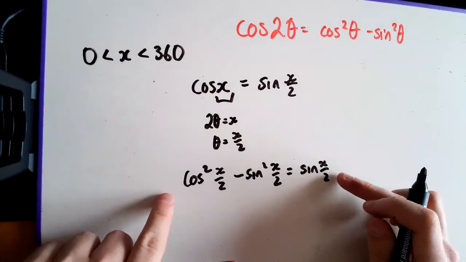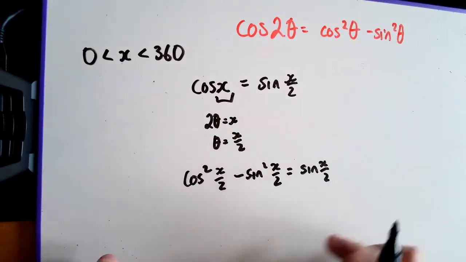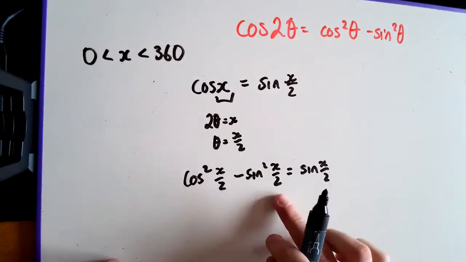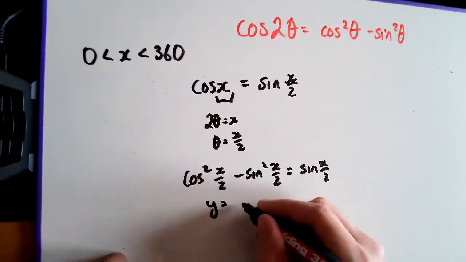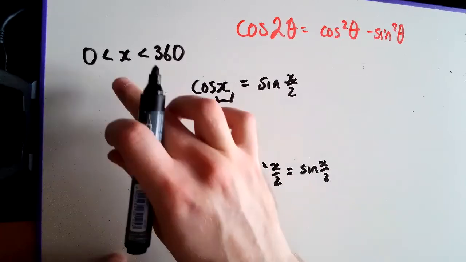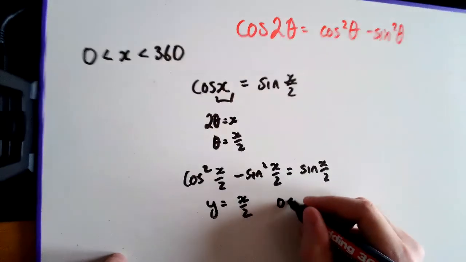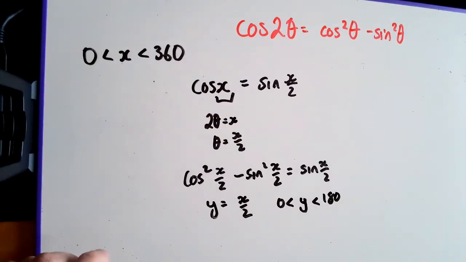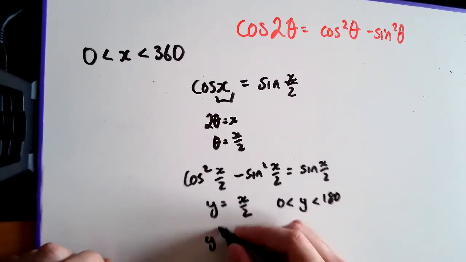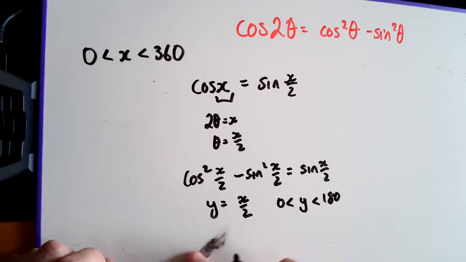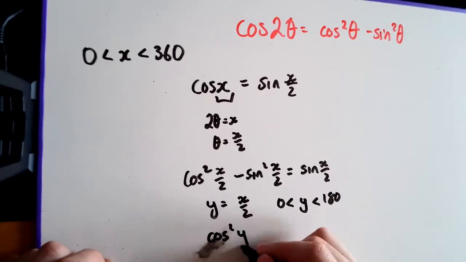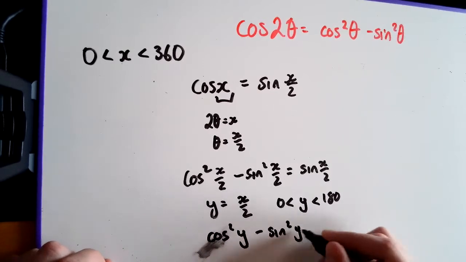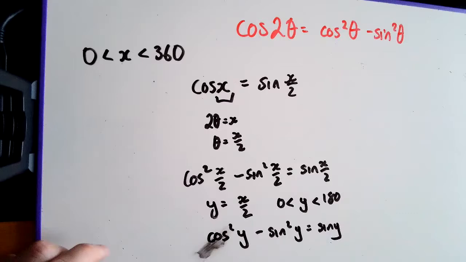Now what I'm going to do this time, before I start rearranging it, is that I don't like writing angles like this. I'm just going to say y equals x over 2. So I'm going to change the boundaries to 0 and 180. So then this equation just takes cos squared y, take away sine squared y equals sine y.